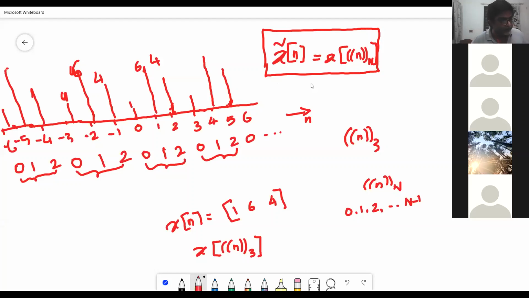Now we will be using these modulo operators to represent our sequences very compactly. So again, let us go back to our presentation.